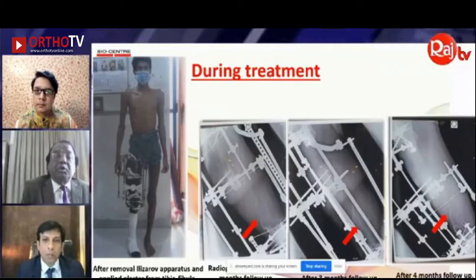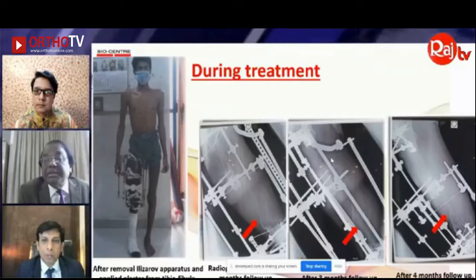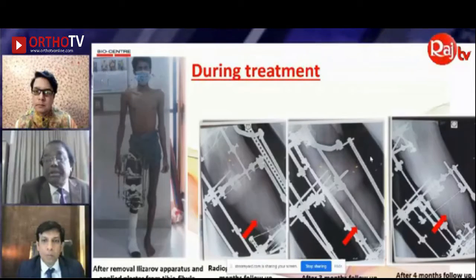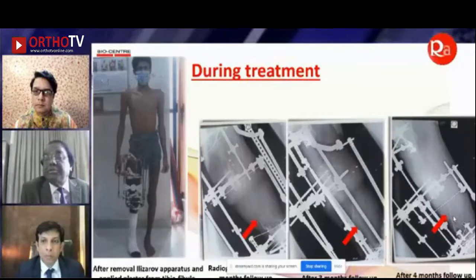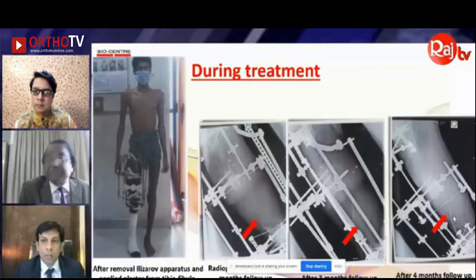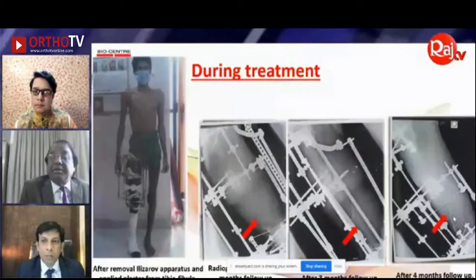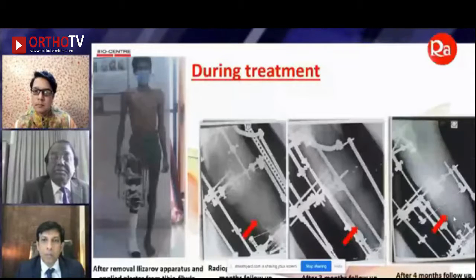I've done the corticotomy here in the upper femur, subtrochanteric corticotomy. And then this is going for lengthening. You can see here gradual lengthening, and there was a periosteum in the distal part. And I was just observing what is happening there. And then see, this is all the lengthening part.